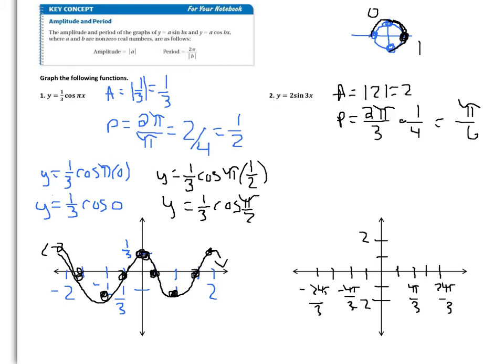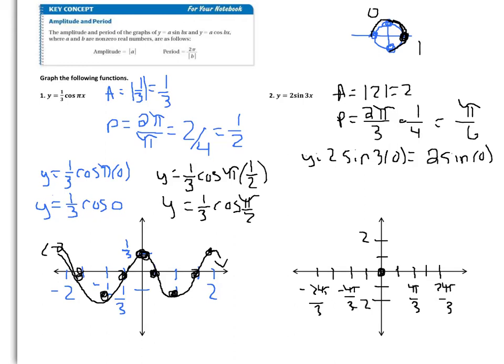Now sine. Sine on the unit circle starts at 0. So watch. If I say y equals 2 sine of 3 times 0, you get 2 times the sine of 0. Well, the sine of 0 is 0, so it's 0. And then in the positive direction, it goes from 0 to the max.